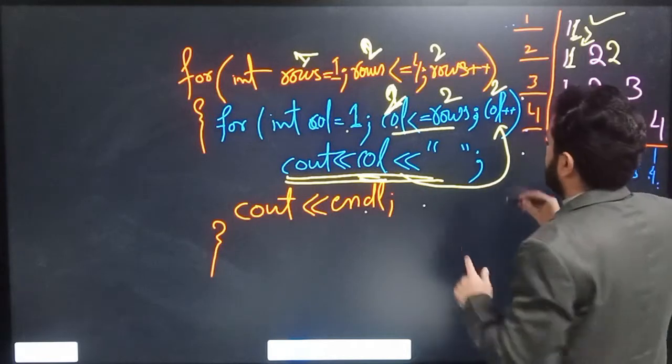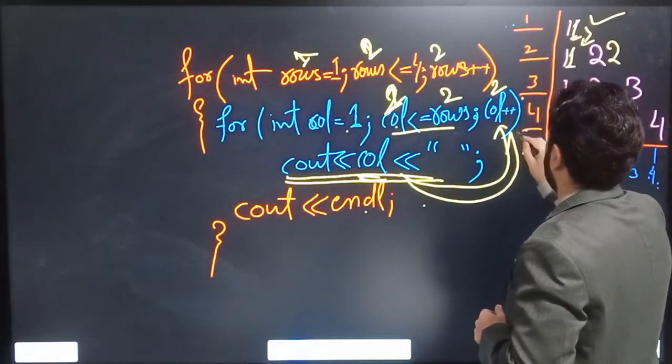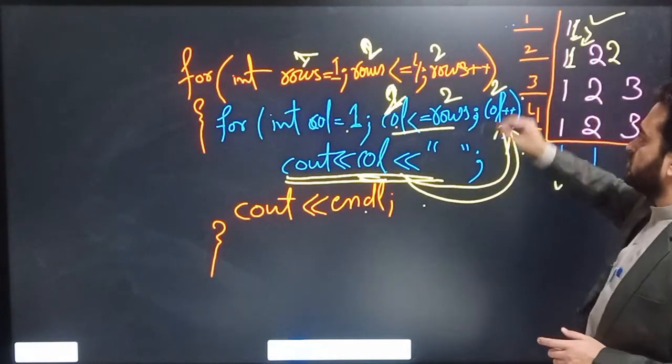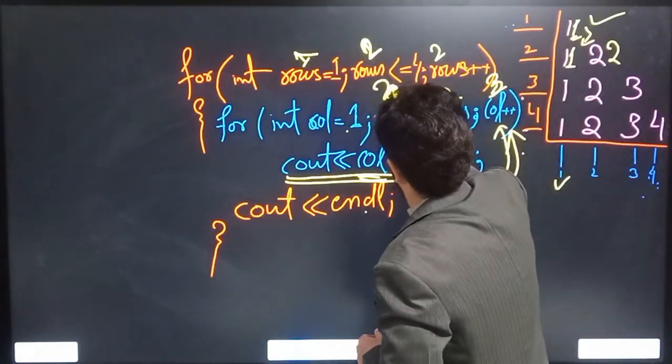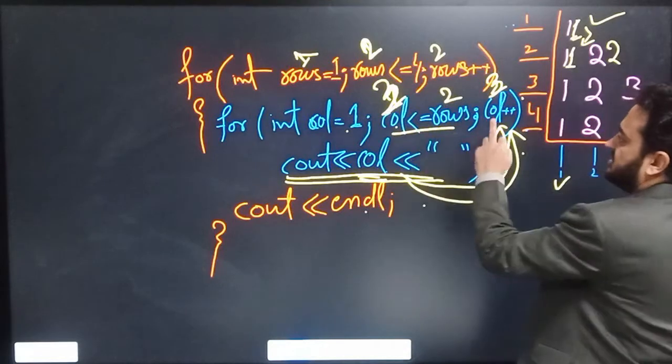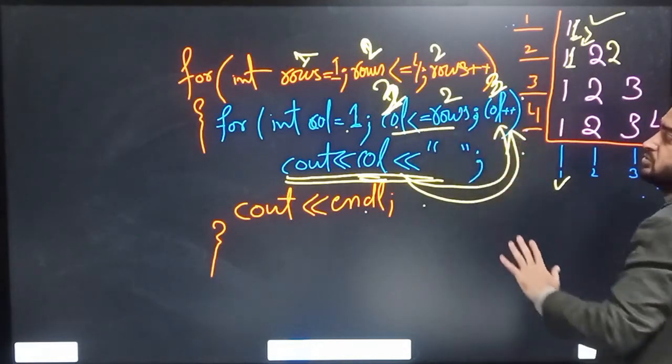Then the execution will again come to the column plus plus. So column was 2, so now it will become 3, and the condition will be checked against this. 3 is less than or equal to 2.